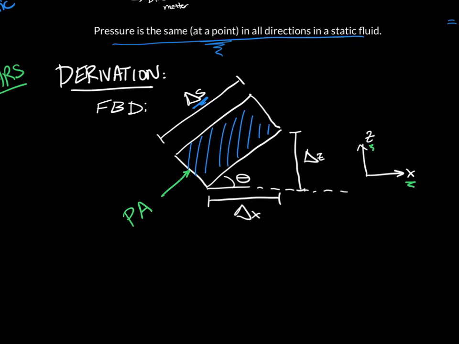Now on the front of it, there's some pressure resisting that flow. That pressure is different from the other pressure, so it's P plus delta P. The delta P could be negative or positive, I don't know what it is, but basically the pressure in the front of this tube could be more or less. But I take that pressure and multiply it times the area on the front.